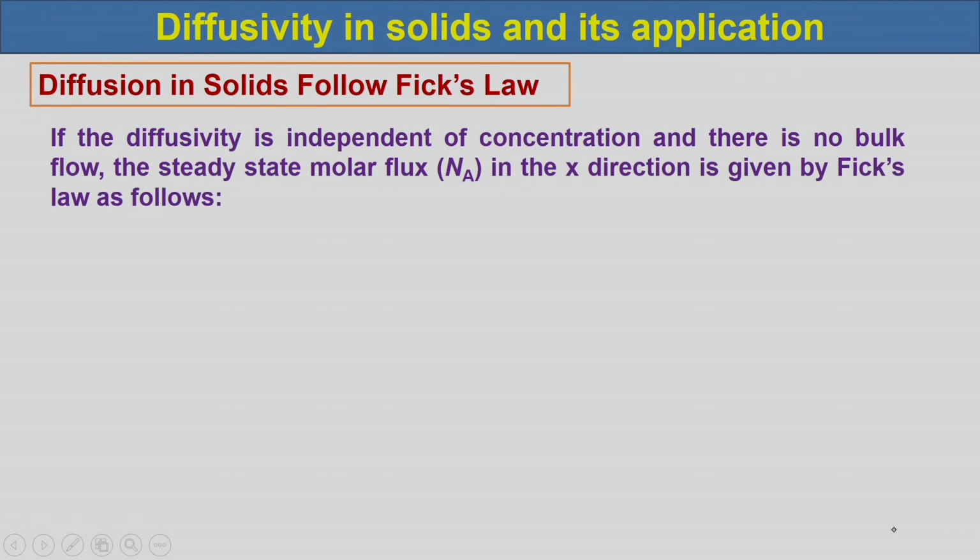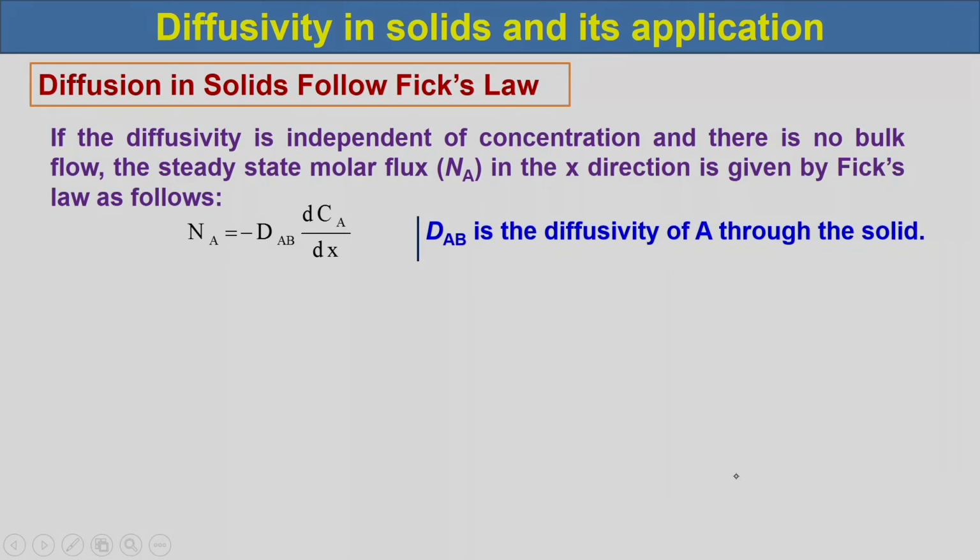Now, if the diffusivity is independent of concentration and there is no bulk flow, the steady state molar flux N_A in the x direction is given by Fick's law as follows: N_A equals minus D_AB dC_A/dx. Here D_AB is the diffusivity of A through the solid.